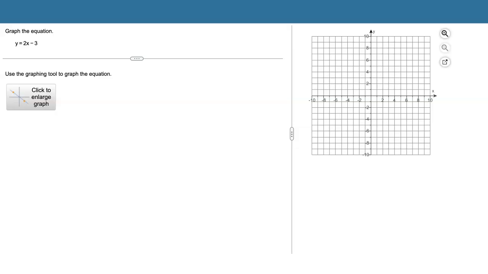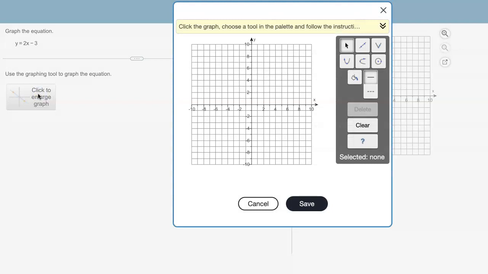So for our last example, we want to look at graphing a line where the y-intercept is not at the origin. And so again, we could do this 2 different ways. So the easy way to do this, and this without really having to write down anything, will be by basically clicking on this icon here.